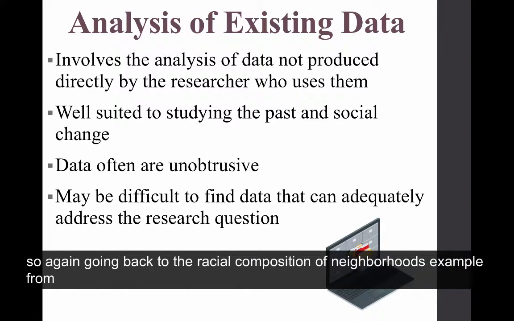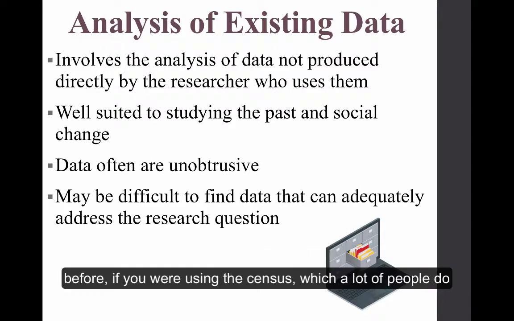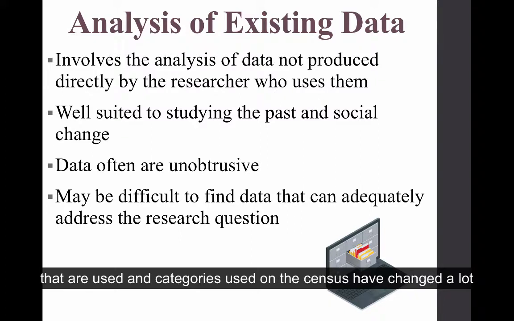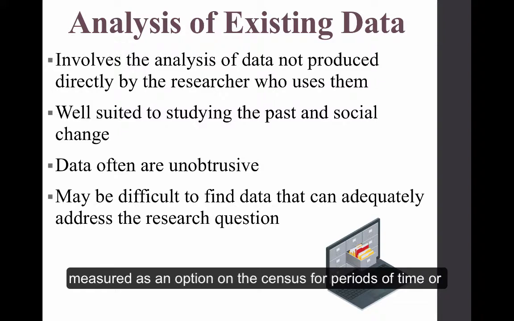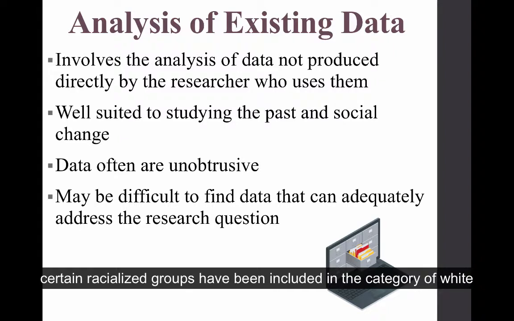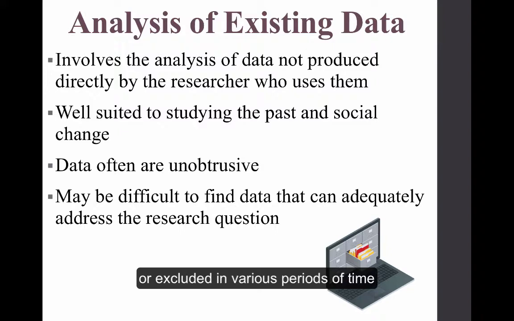So again, going back to the racial composition of neighborhoods example from before, if you were using the census, which a lot of people do, you would need to see how over time the racial definitions and categories used on the census have changed a lot. So some ethnicities, especially mixed race individuals, were not measured as an option on the census for periods of time, or certain racialized groups have been included in the category of white or excluded in various periods of time.